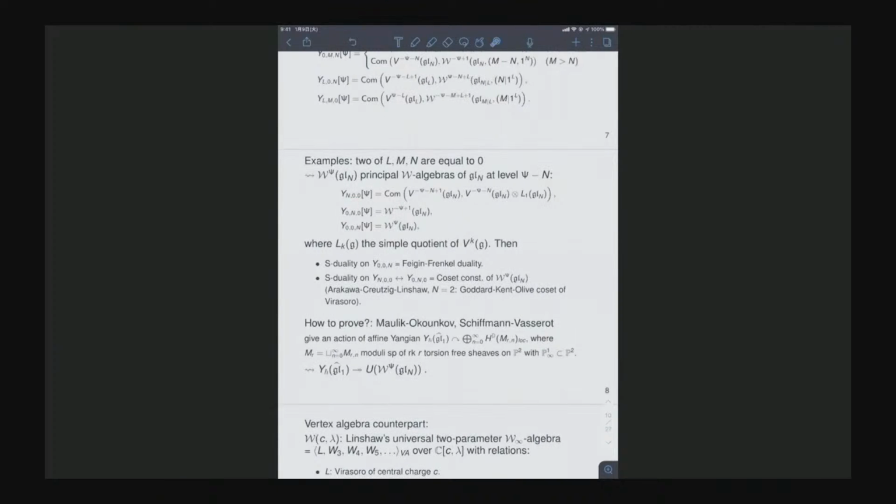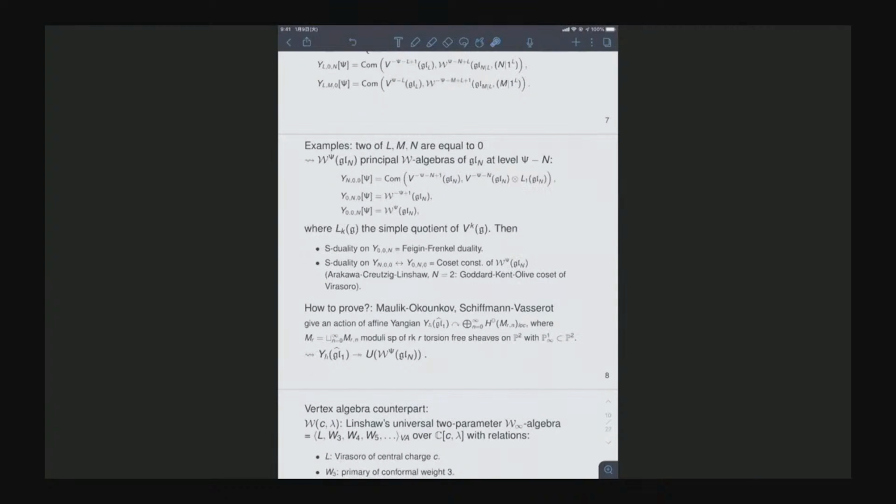This gives a coset construction of the principal W algebra, recently proved by Arakawa, Creutzig, Linshaw. And in the N equals 2 case, the principal W algebra of GL_2 is just the Virasoro algebra tensor Heisenberg. So this gives the GKO coset construction of Virasoro.